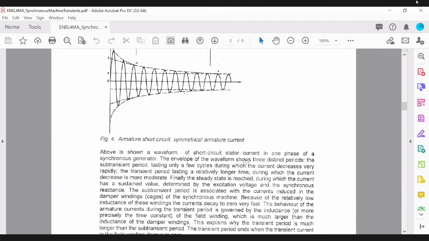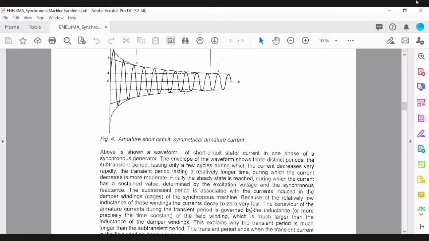And in the subtransient period, the currents are induced in what we call the damper winding cages of the synchronous machine. And because they have relatively low inductance, the current in these windings decays to zero very fast.